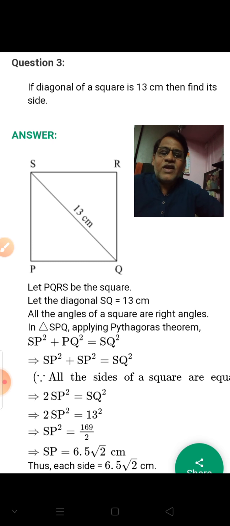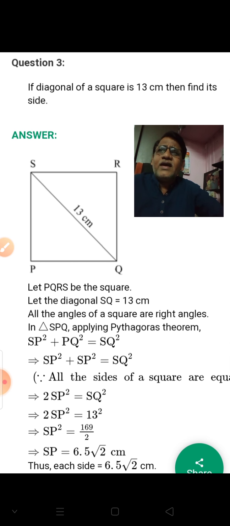Since both sides are equal, SP and PQ are the same, so SP square plus SP square is equal to SQ square, because all the sides of a square are congruent. Therefore 2SP square is equal to SQ square.